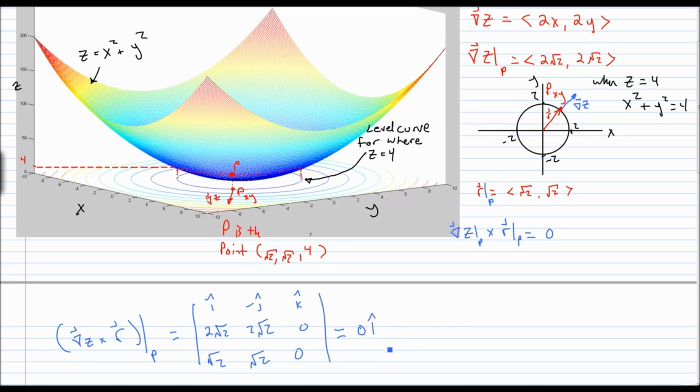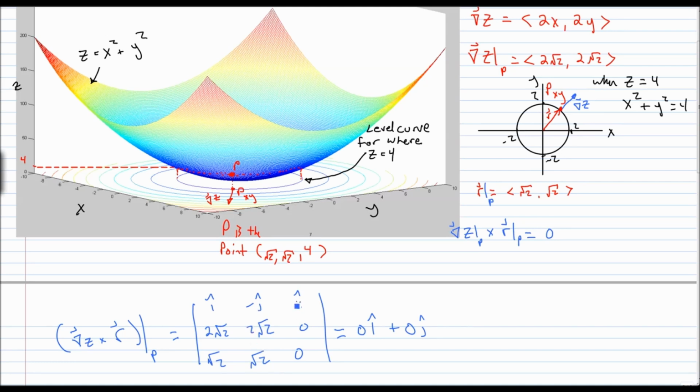When I compute the component of the cross product that's in the negative j hat direction, I ignore the middle column here, and in the top row, I find the determinant of the subdeterminant here. So I have 2 root 2 times 0 again, and then root 2 times 0, which is 0 again. I just ignore the negative sign there because it doesn't matter, because I have 0.